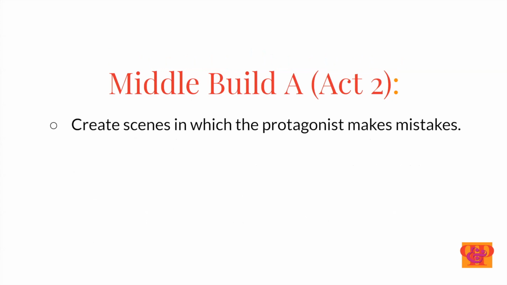Your story's middle build is all about complications and escalating stakes. Create scenes in Act 2, the first half of the middle build, where the antagonist attacks by showing that they are interested in or attracted to the protagonist.